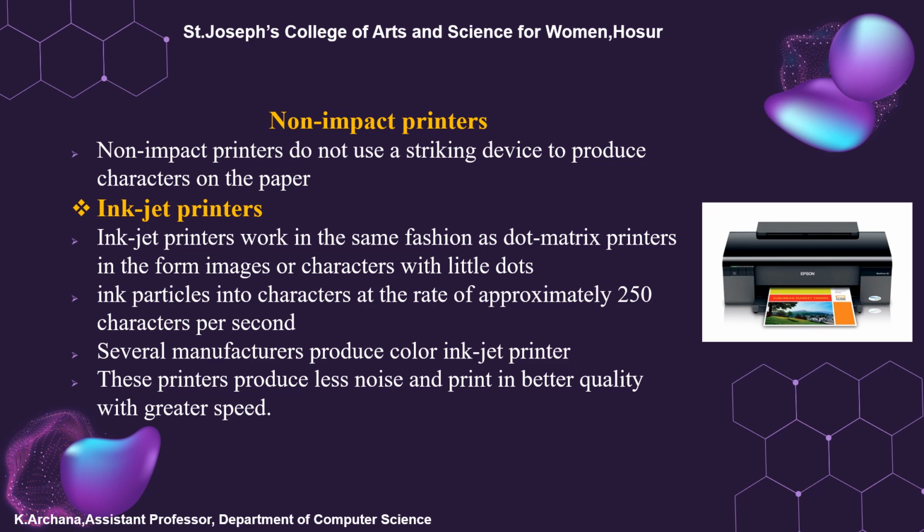Ink particles are sprayed into characters at the rate of approximately 250 characters per second. Several manufacturers produce color inkjet printers. These printers produce less noise and print in better quality with greater speed.